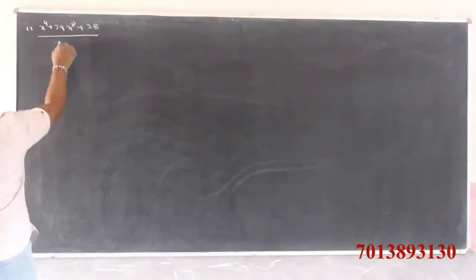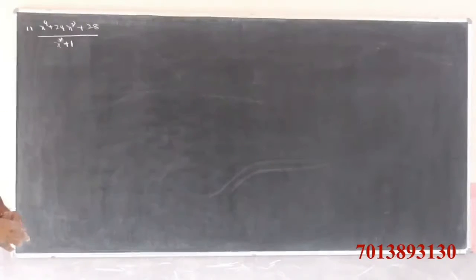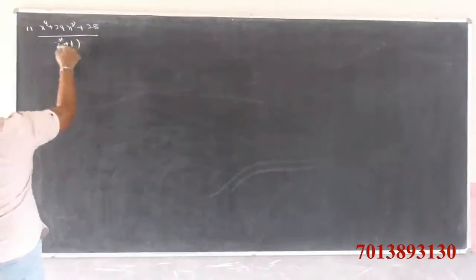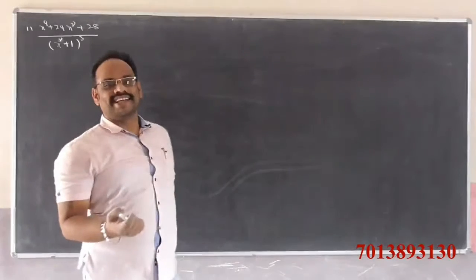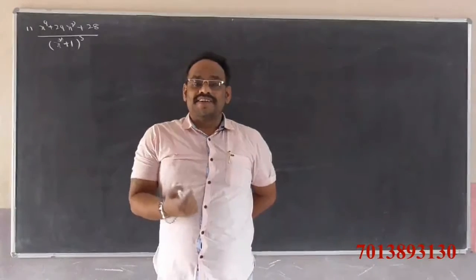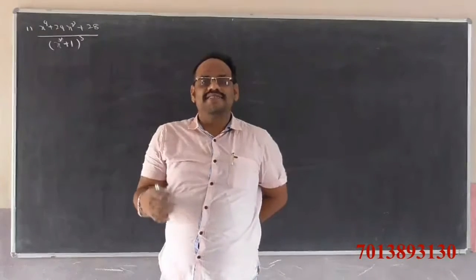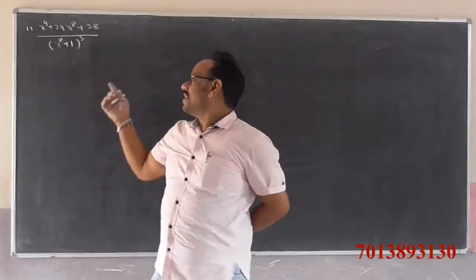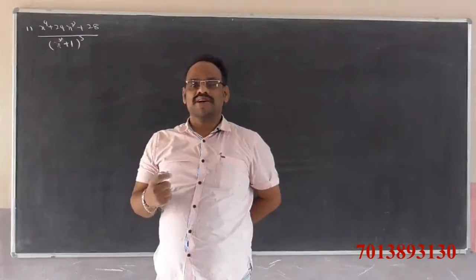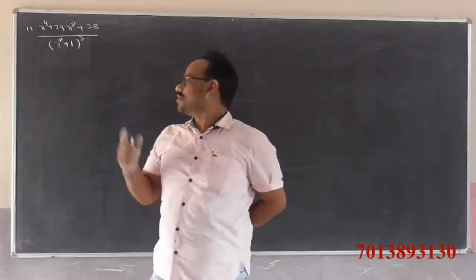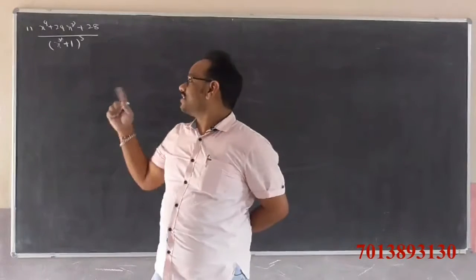That means x square plus 1 is the quadratic factor and it is repeated, let us say 3 times. x square plus 1 can't be written as a product of more factors, so x square plus 1 is an irreducible quadratic factor and it is repeated.